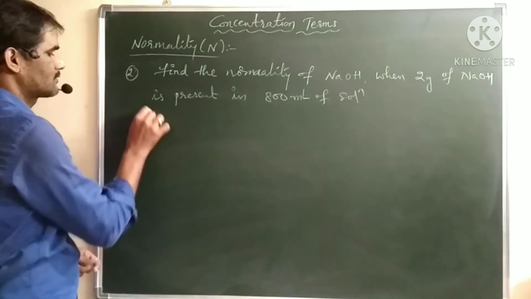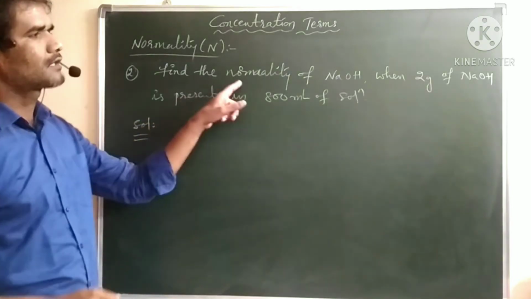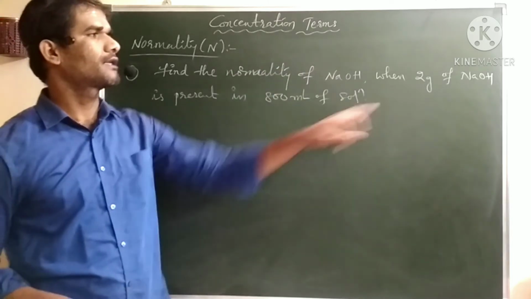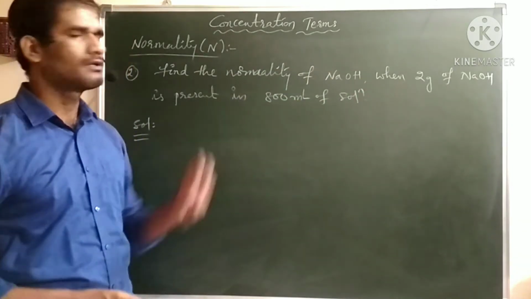For this, the question: the normality of NaOH where 2 grams of NaOH is dissolved in 800 ml of solution.